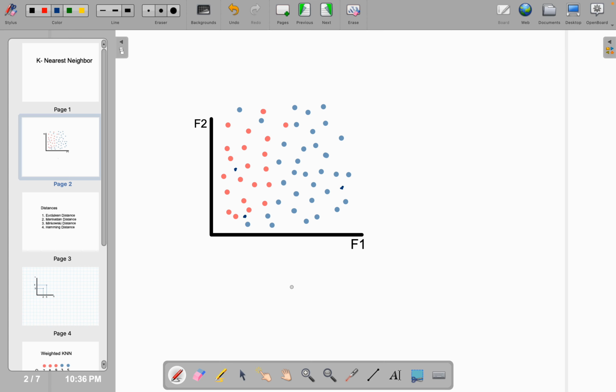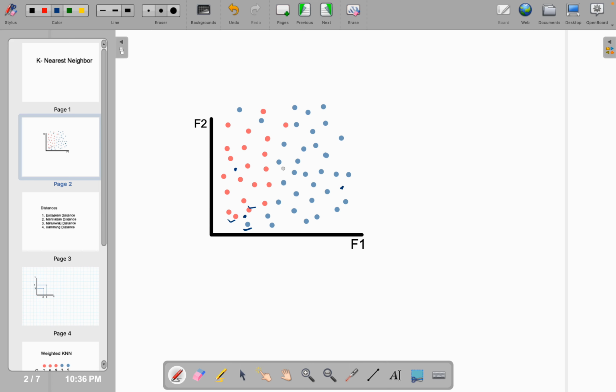So it will pick the 3 nearest neighbors. Basically in this case, it is this point and this point, right? So these 3 points are the nearest neighbors to my query point. So I got two red points and one blue point, right? From this, I will take a majority vote. The majority of the points are red, so I will classify that particular point in the red class, right?